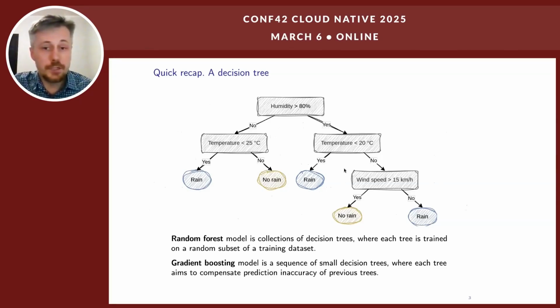The resulting structure will be a random forest. Another approach is to train a sequence of decision trees so that each sequential tree tries to compensate for the prediction inaccuracy of previous trees. This structure would be a gradient boosting machine.